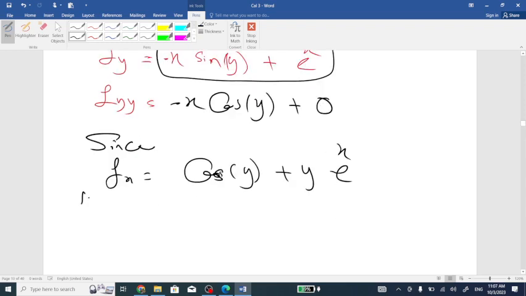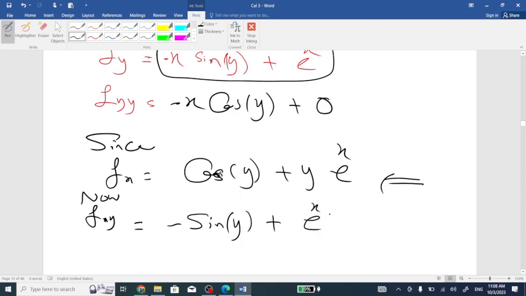Now fxy is equal to what? Exactly. Now the derivative of here by y. So minus sine y. Clear? Tamam?